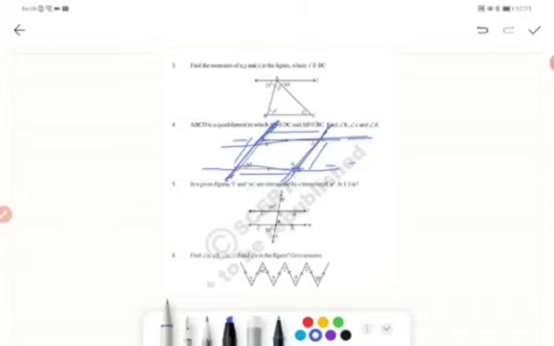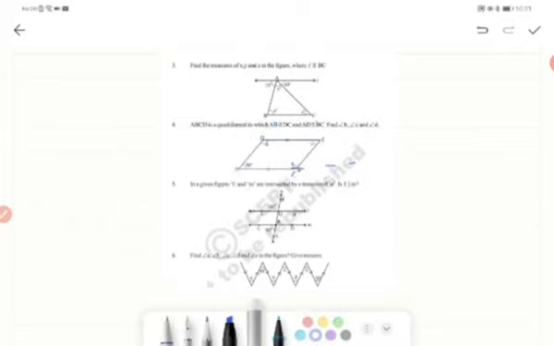For these two parallel lines, these two are transversals, and for the other two parallel lines, these two are transversals. What they have asked is to find angle BCD. Only one angle is given, this is 50 degrees, the angle formed at A. Now they have asked you to find the rest of the angles.